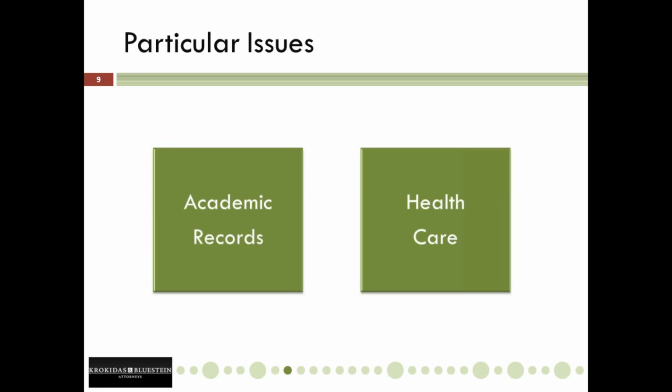Now, to address some particular issues, when it comes to academic records, let's discuss parental consents. I know that's important to a lot of our education clients. Now, there's an interplay between federal and state law that's interesting when it comes to academic records.